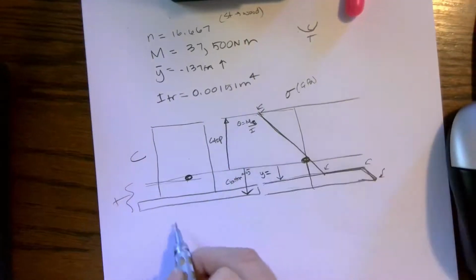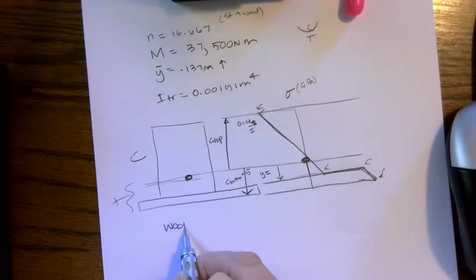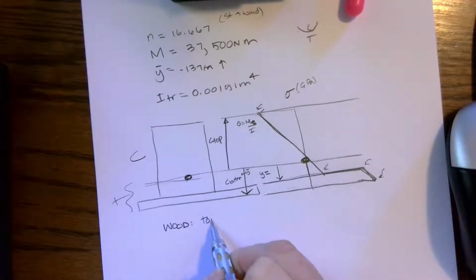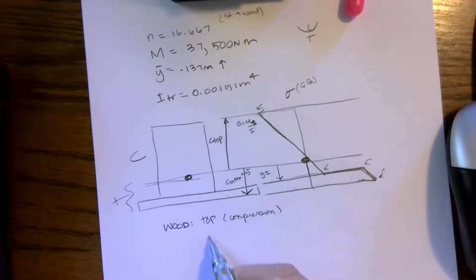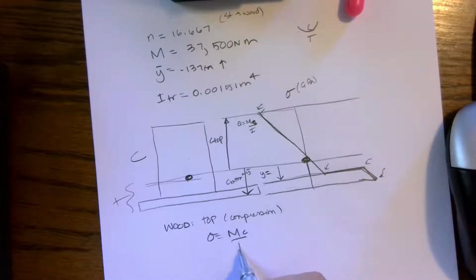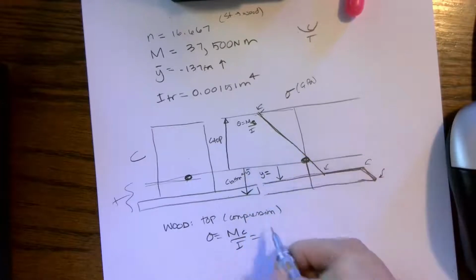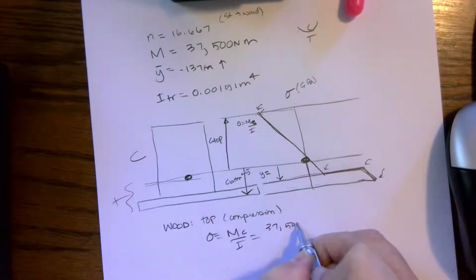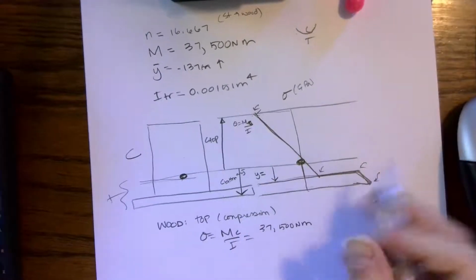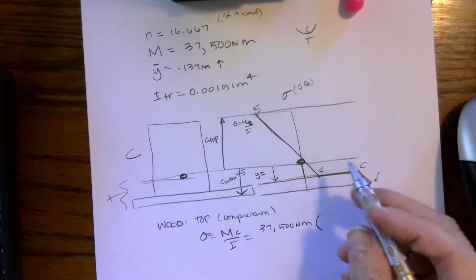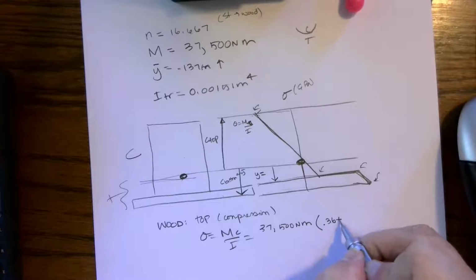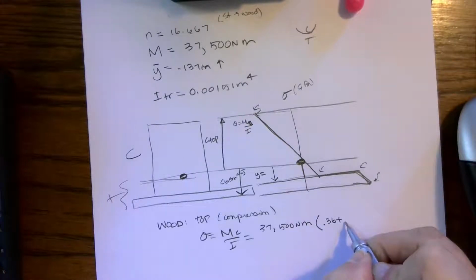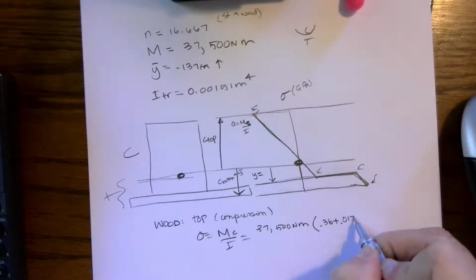So let's look at the wood first, and let's do the top, which is in compression. So stress equals MC over I. So I have 37,500 Newton meters, times, the whole thing is 0.36 plus 0.012.